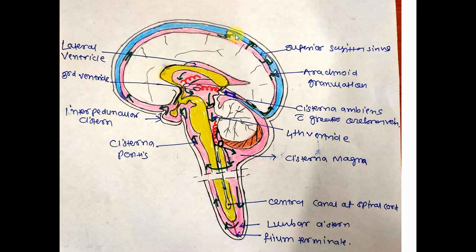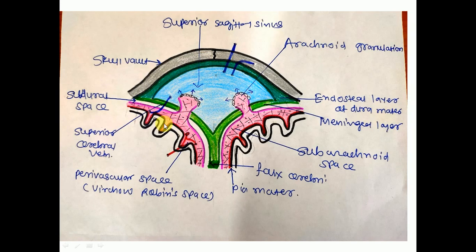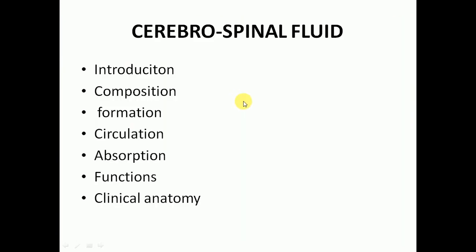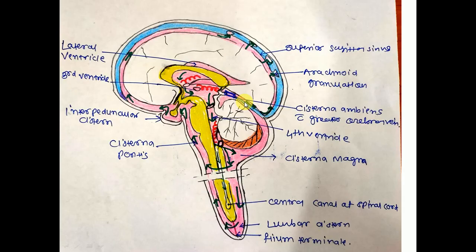This is how CSF is absorbed inside the superior sagittal sinus. Already we have discussed how the CSF is absorbed inside the dural venous sinus with the help of the arachnoid villi and granulations. So that is the course or circulation of the CSF around the various parts of the brain and spinal cord.